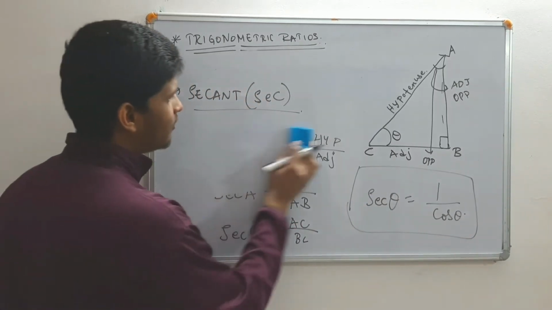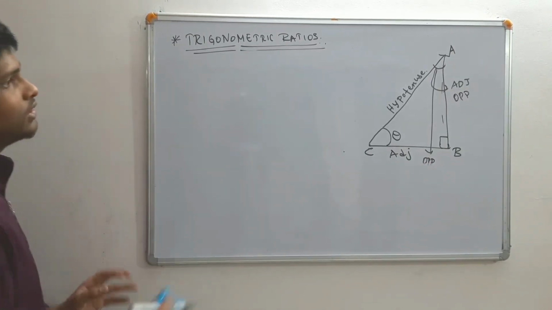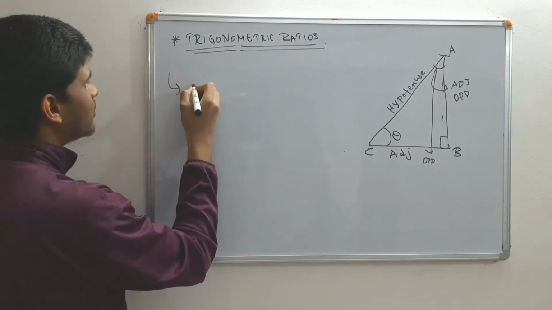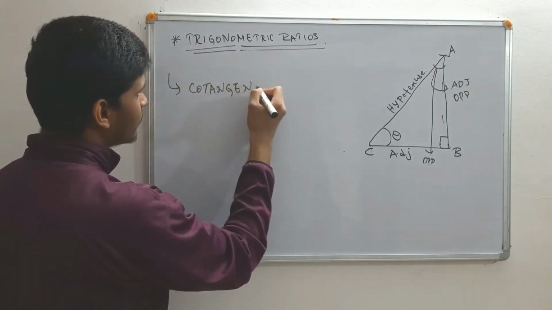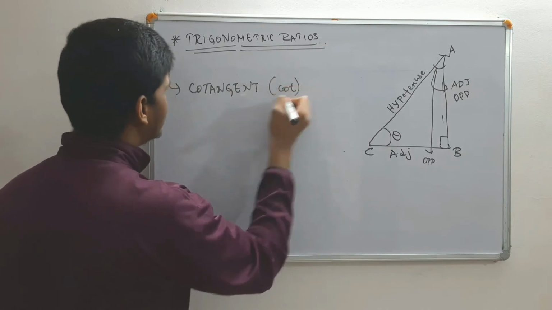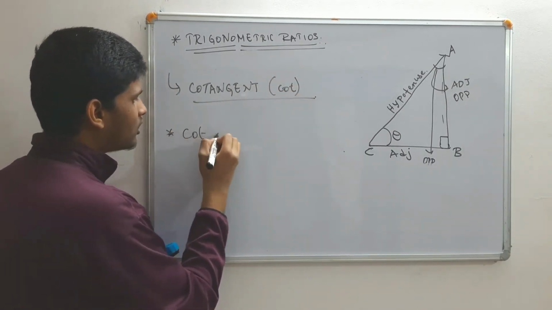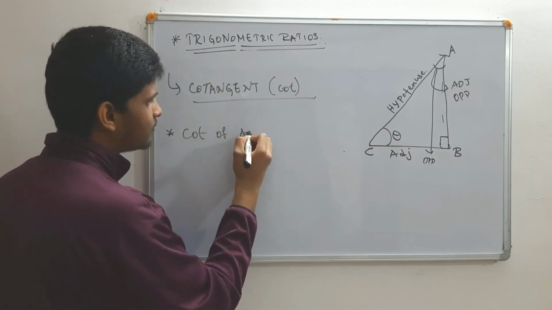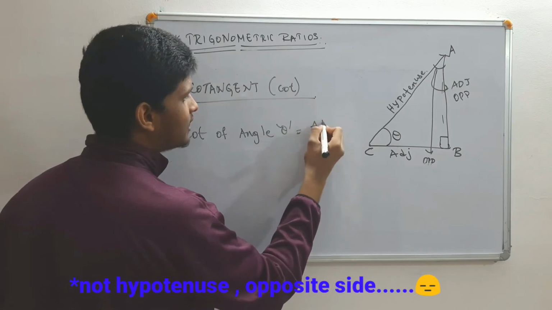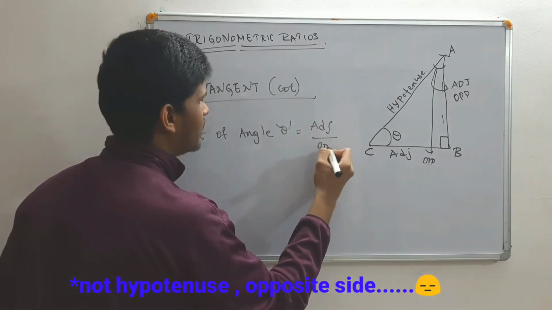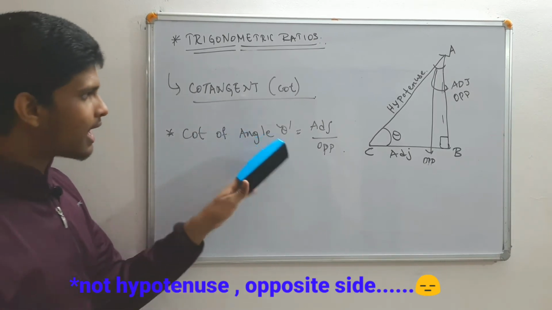And coming to the last and final one, cotangent, or cot in short. Cot of any angle theta is adjacent side divided by opposite side, according to that angle theta.